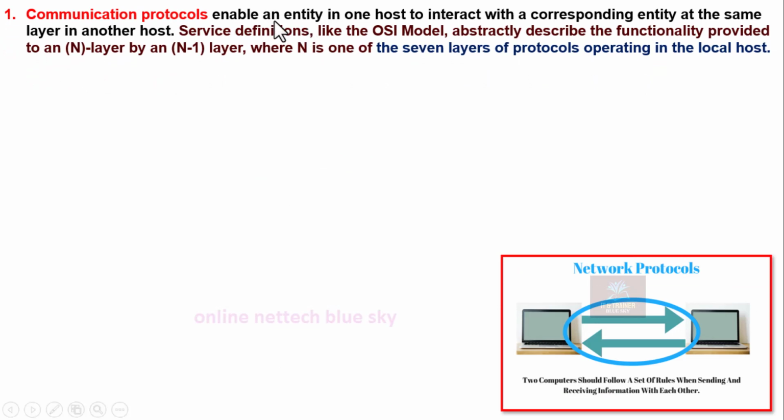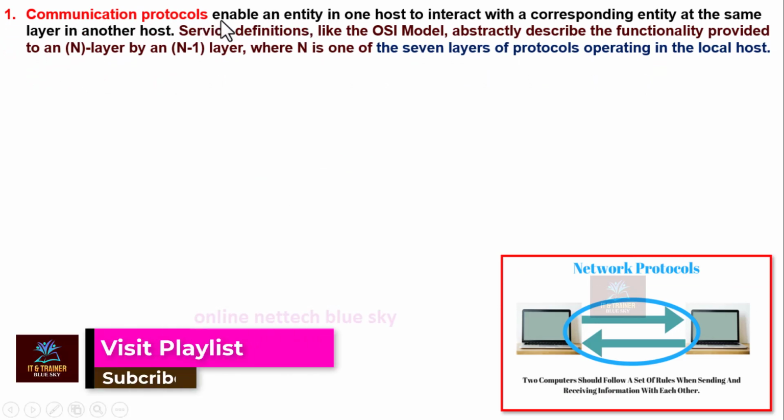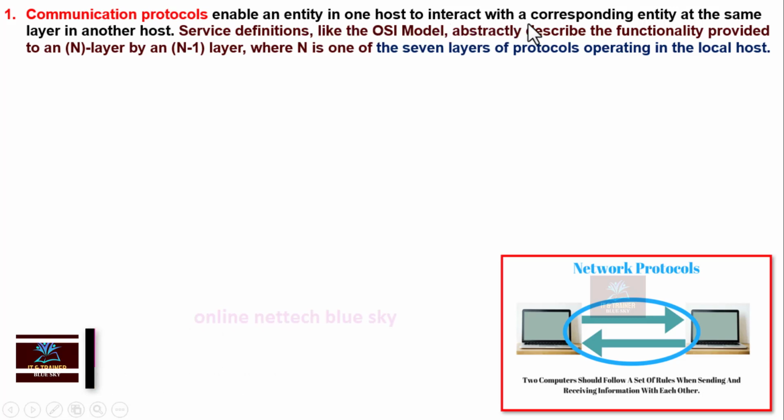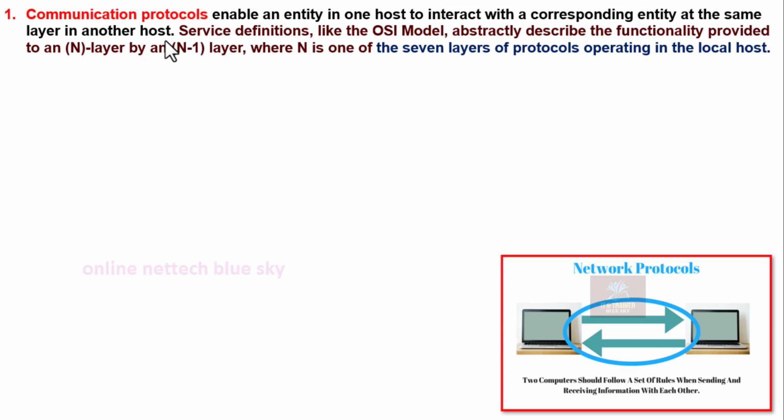Communication protocols enable an entity in one host to interact with the corresponding entity at the same layer in another host. This is very important to understand: the entity in one host interacts with the corresponding entity at the same layer in another host.